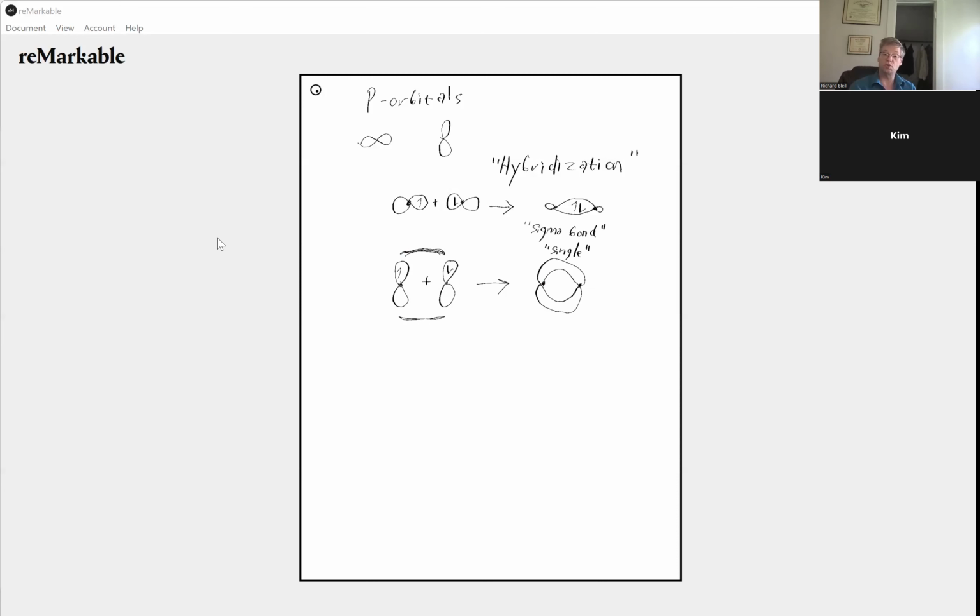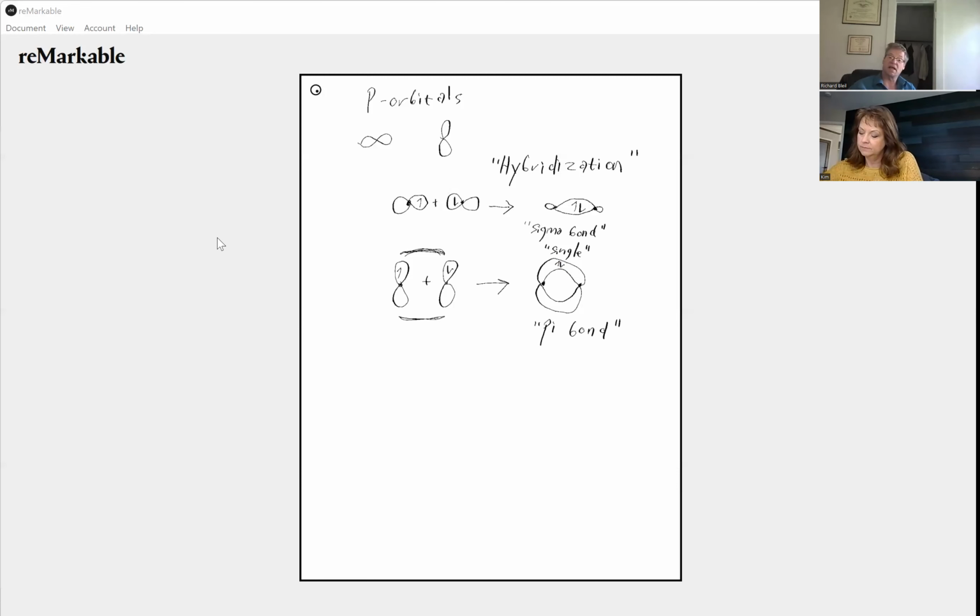It just has two parts. It's a single bond, but it has two parts. We call this a pi bond. A pi bond. So it's one bond. It just happens to have two parts.